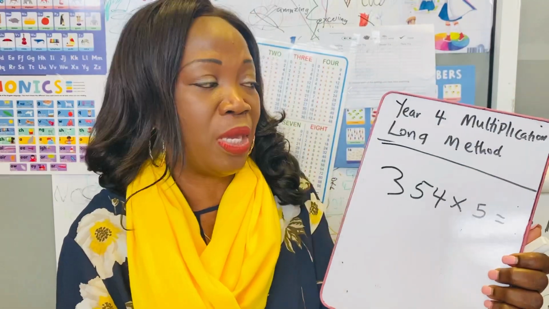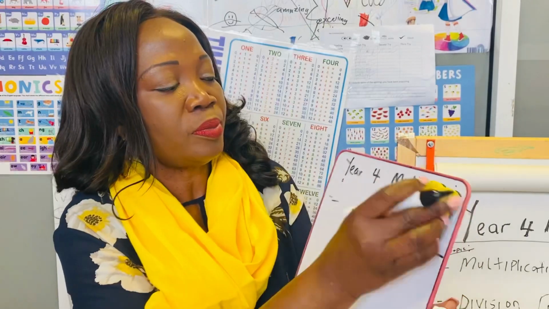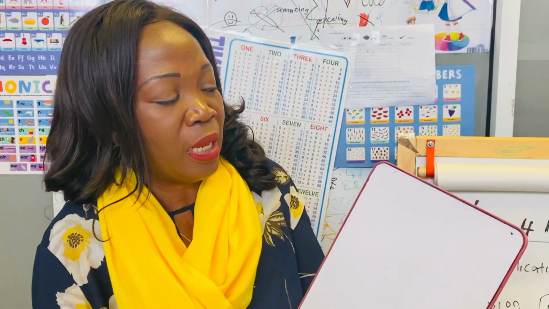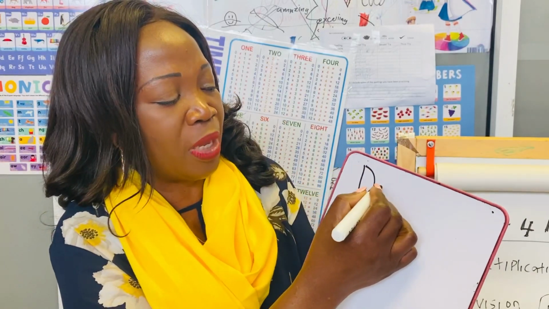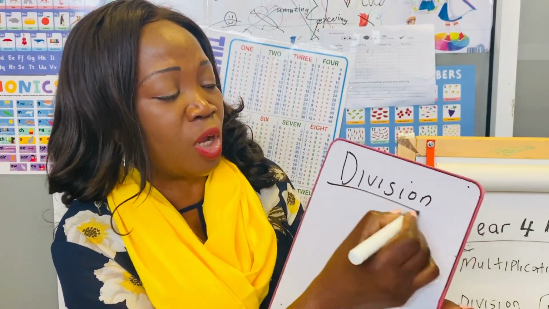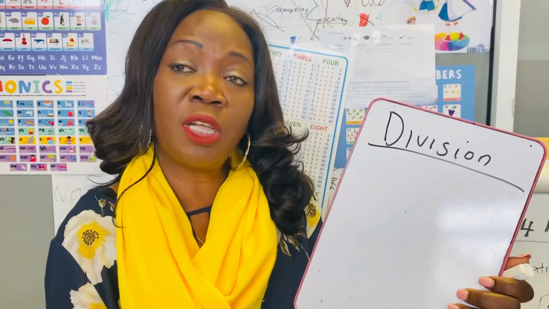All right, so now we are going to do the division now. So the division that we are going to do today, I'm not sure if you've been taught that before. We're going to use bus stop method.